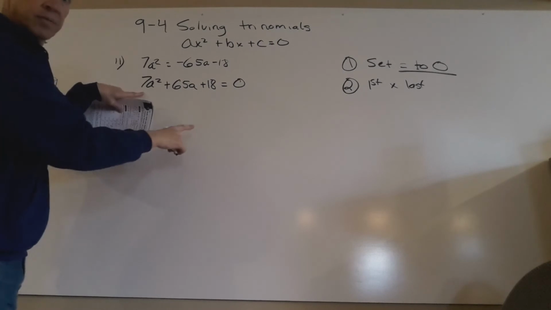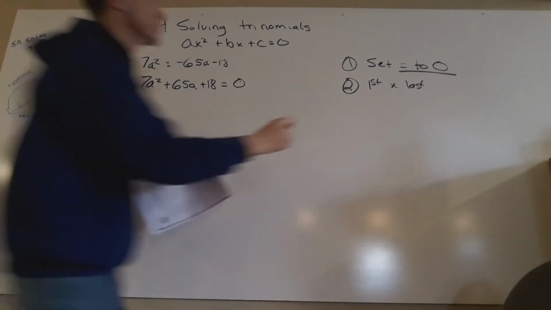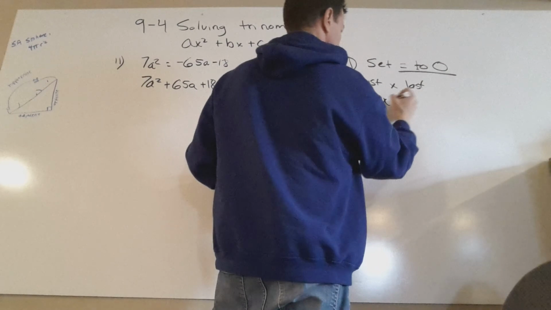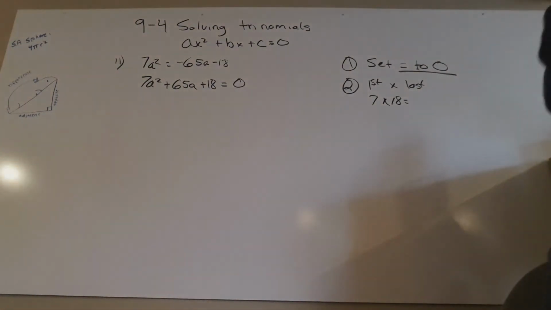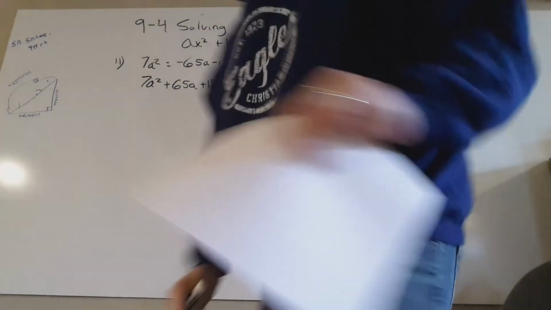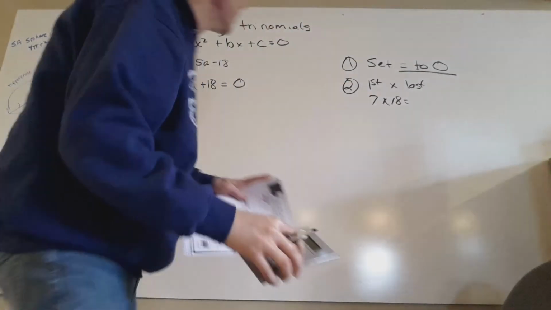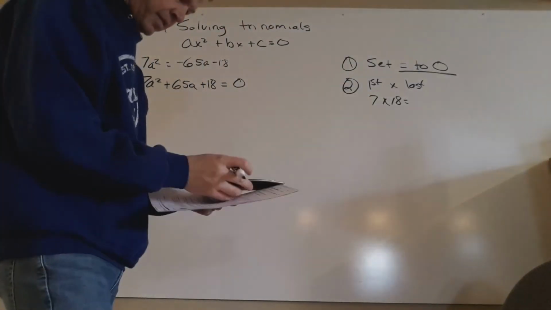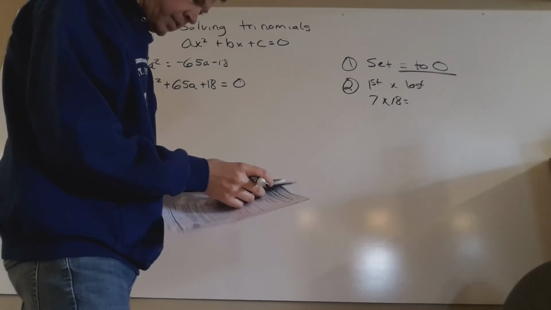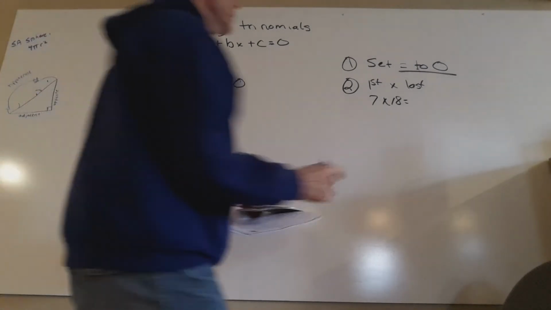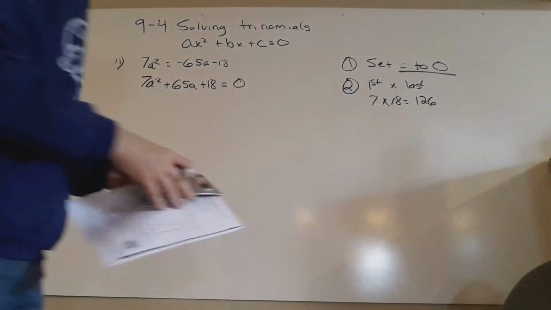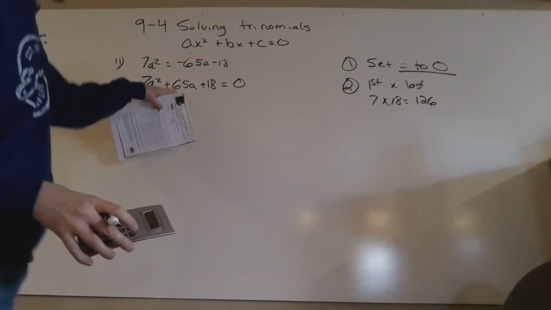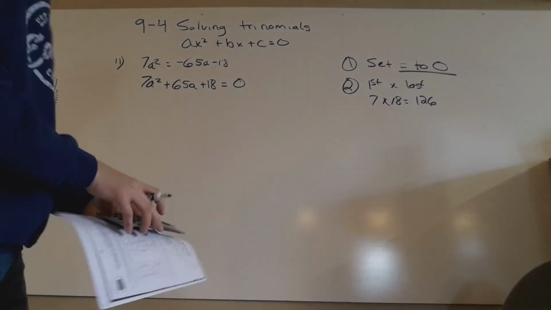I'm going to use a calculator and make sure our work is correct. 126. So two factors of 126 that add up to 65 is what we are looking for.